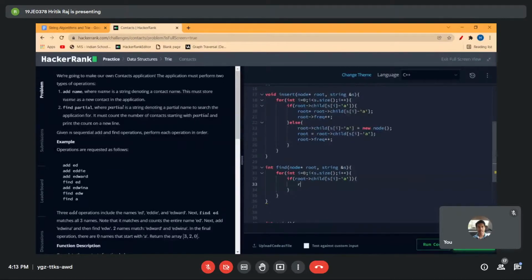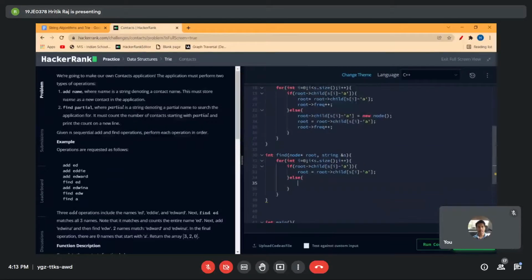So we will go down in the tree using that branch. Otherwise, if it is not present, then we know that no such word is present in the database.